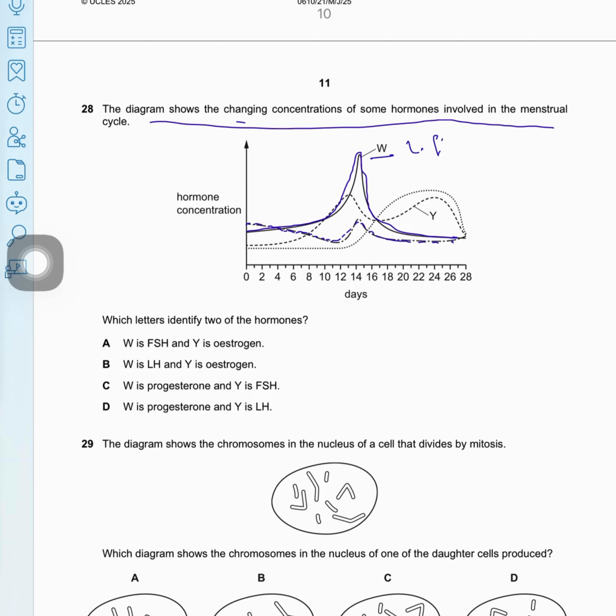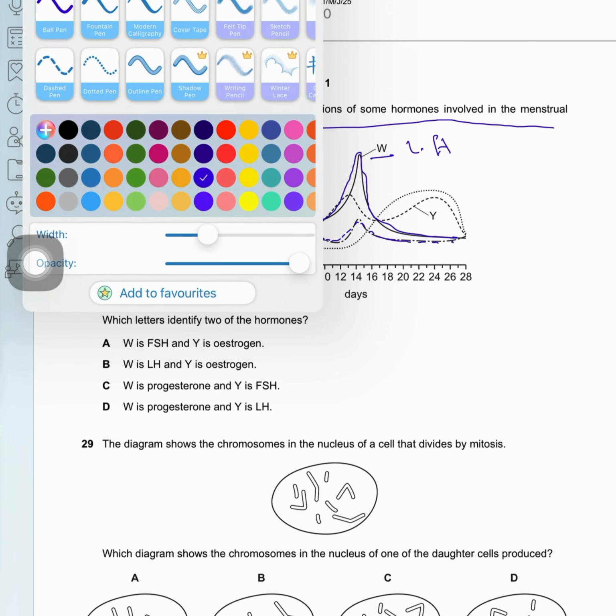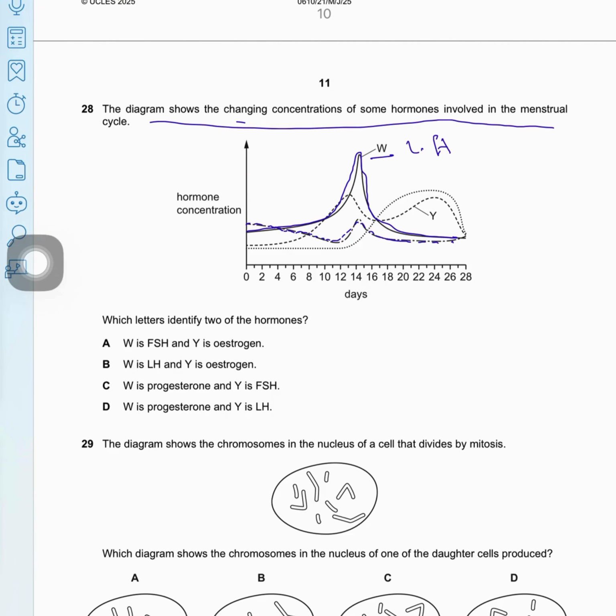This is LH. Then this hormone, the one which has two peaks, one before the 14th and one after the 14th. This is estrogen.